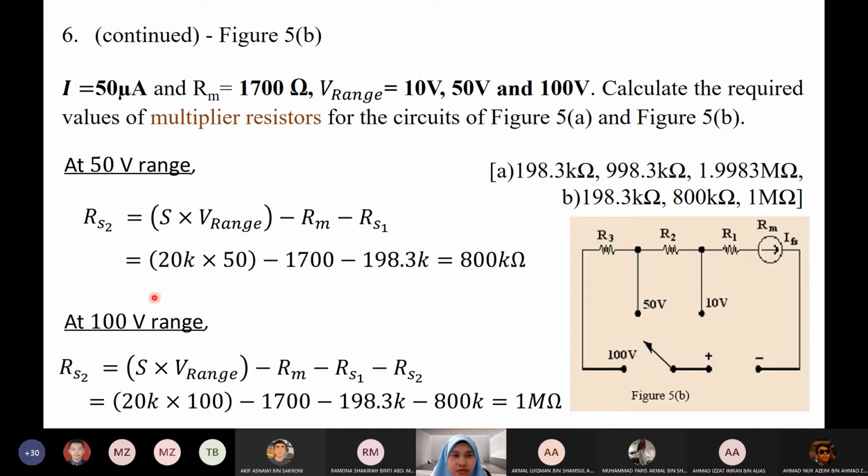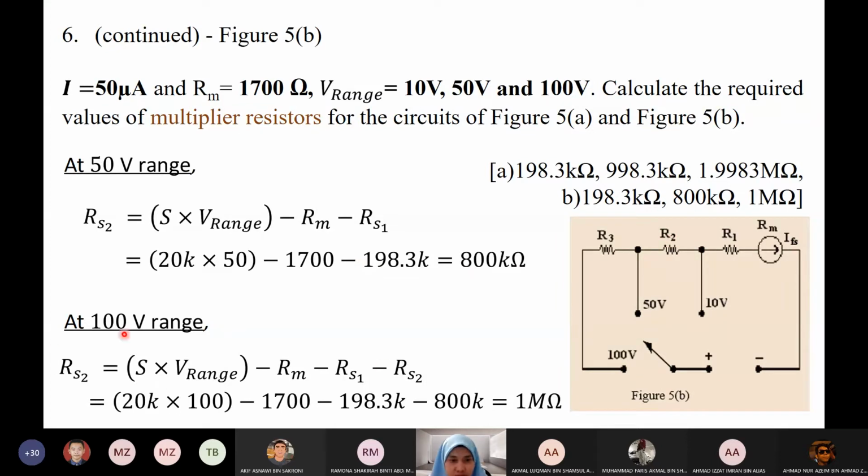We get this. Okay, at RS2 or at the 50 volt range, 20K multiplied with 50 volt, minus we have Rm and R1. Minus and minus, we get 800K. So R2 or RS2 is 800K.